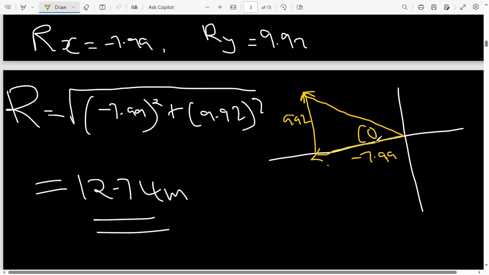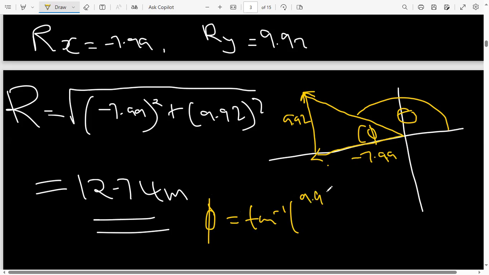So this angle here, but our interested angle is this one here. Let's find this one first. This angle is equal to tan inverse of Ry, 9.92, divided by Rx, 7.99.